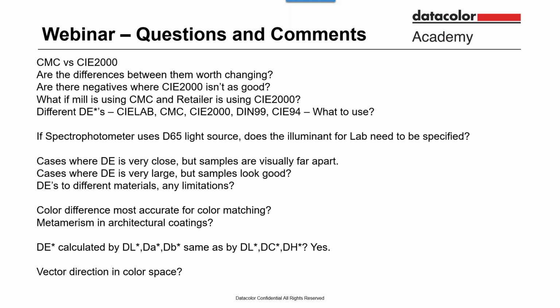It's a ratio compared to a white standard. So the actual light source doesn't really matter as far as the illuminant for the LAB. However, the light source of a spectrophotometer matters in cases of ultraviolet. If you need UV light, if you're looking for fluorescence and things like that, the light source is important from that aspect. But an LAB always needs to have the illuminant and observer specified for it.